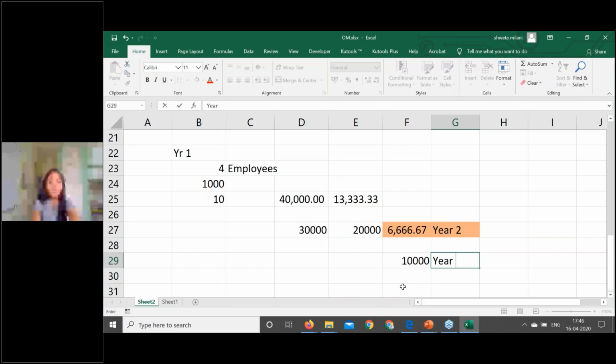Reporting date, and the difference is transferred to the statement of profit and loss.